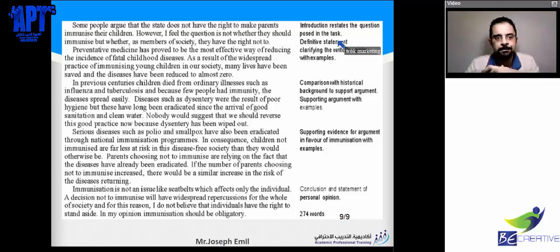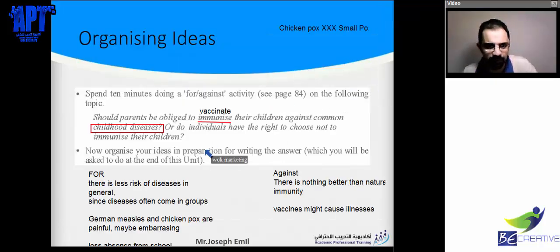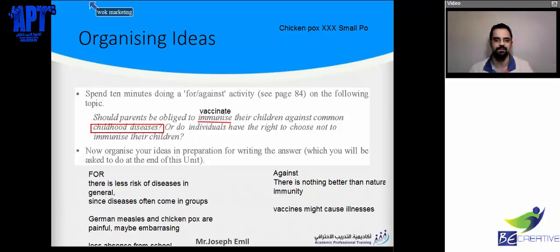Let's read. Some people... now, of course, first we have to write an introduction here, then we have: do individuals have the right to choose not to immunize their children? I made another mistake now, because I didn't read the questions well for the second time.